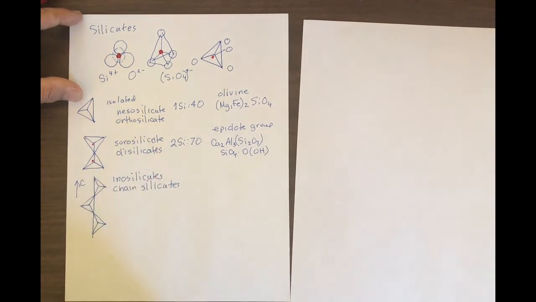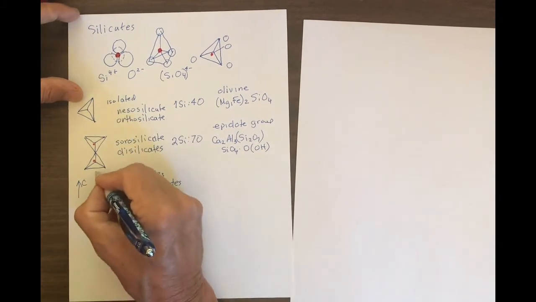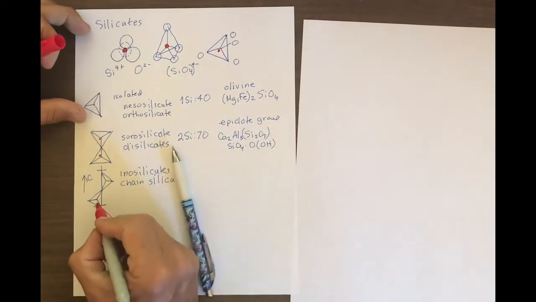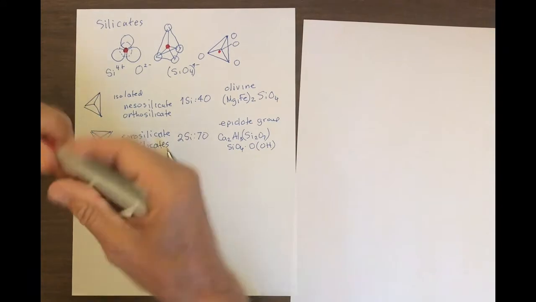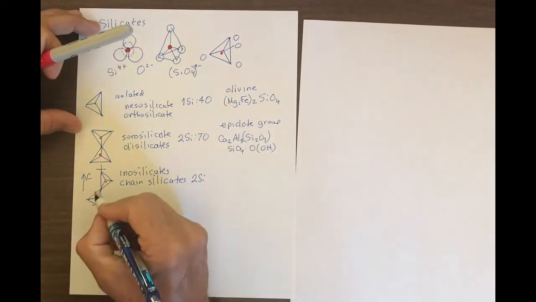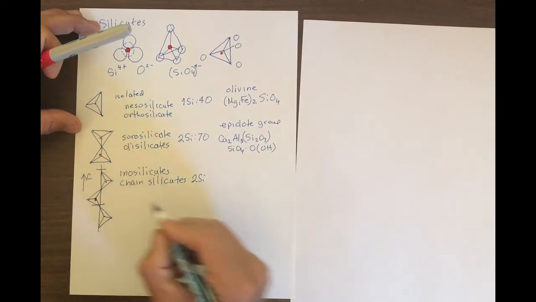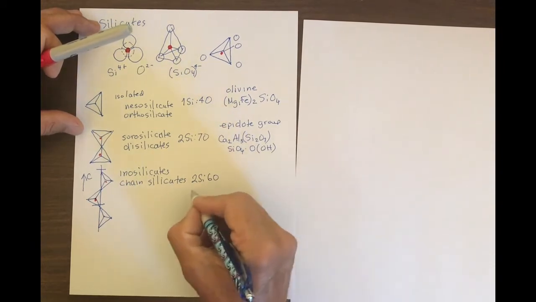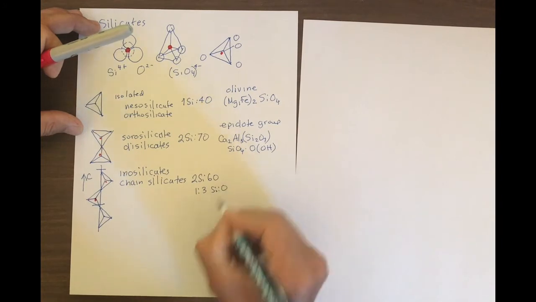And if we pick a repeat distance from, say, here to up here, you can count there are two silicas, one silica here, one silica there. So two silicas to 1, 2, 3, 4, 5, 6 oxygens. So the stoichiometry is 1 to 3 silica to oxygen.